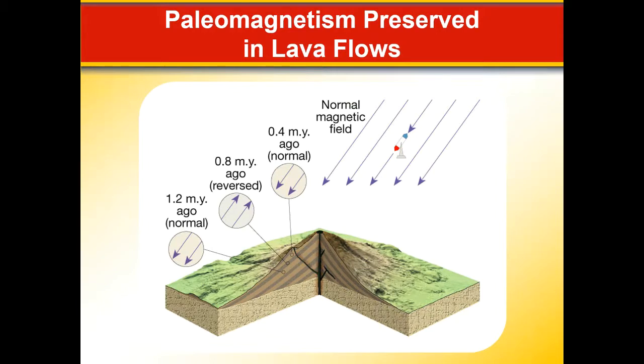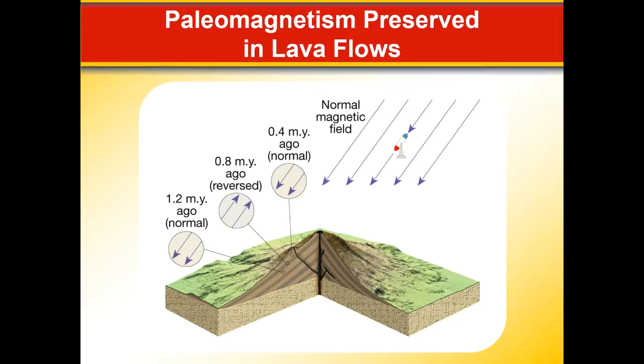One of the good examples is in lava flows, wherein magnetic iron minerals were oriented based on the polarity at the time the lava crystallized or formed.